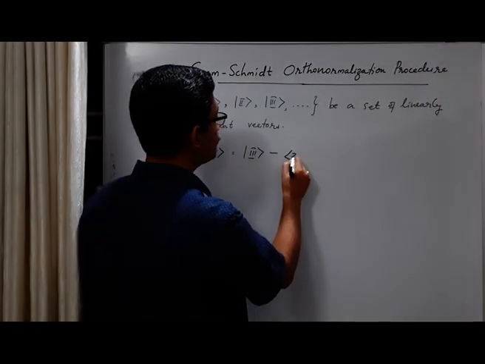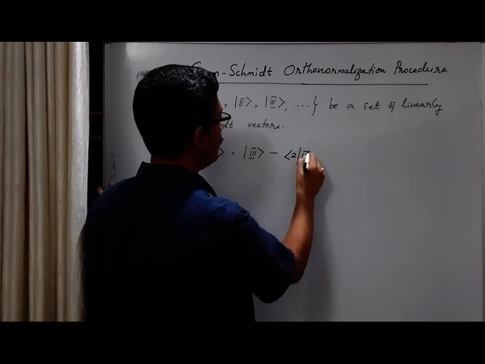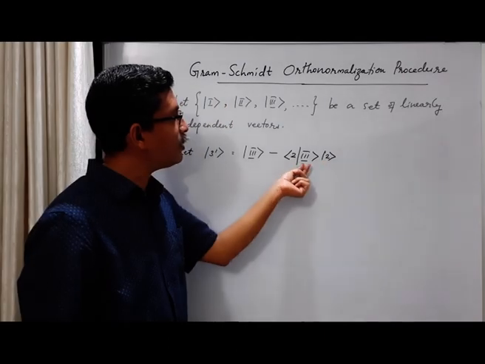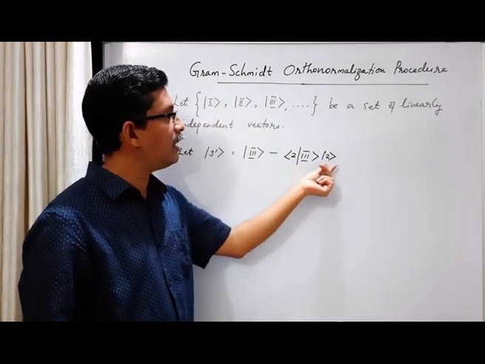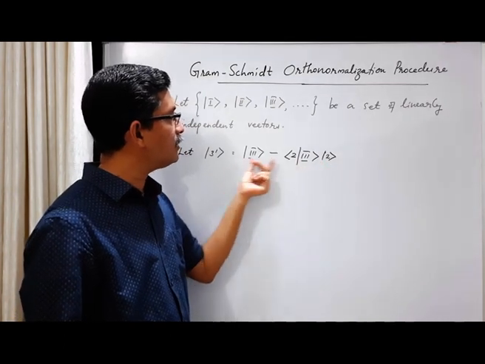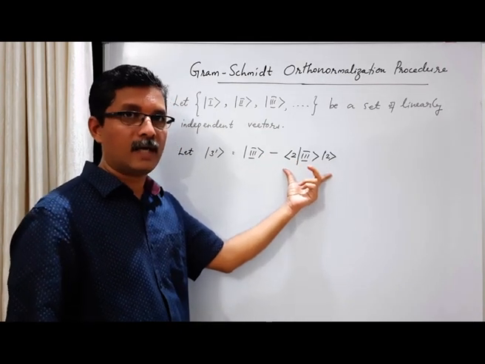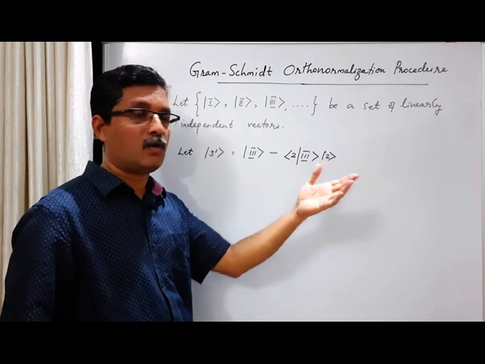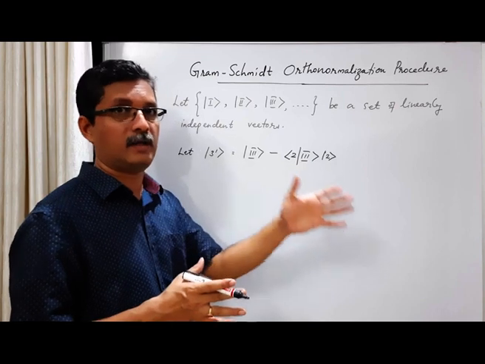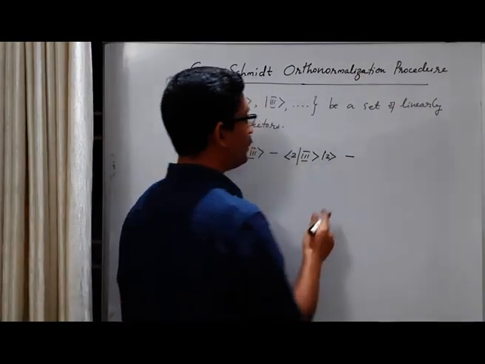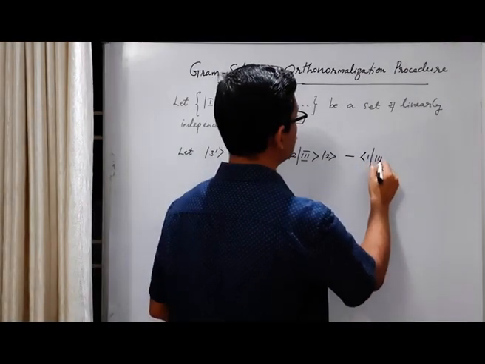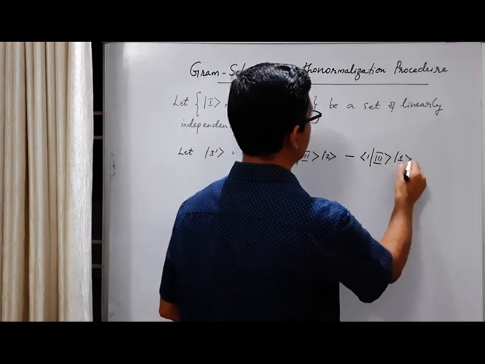So it is like this: |2⟩⟨2|3⟩. So this is the component of |3⟩ along the direction 2, and the direction is given by this one. So I have subtracted from |3⟩ the component along the direction 2. Not only that, you have to subtract the component along direction 1 also, because this new vector should be orthogonal to both |1⟩ and |2⟩. So again subtract the component along the direction 1, which is |1⟩⟨1|3⟩.